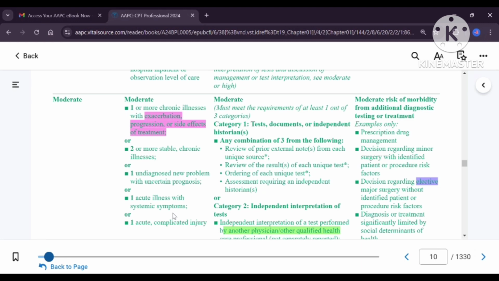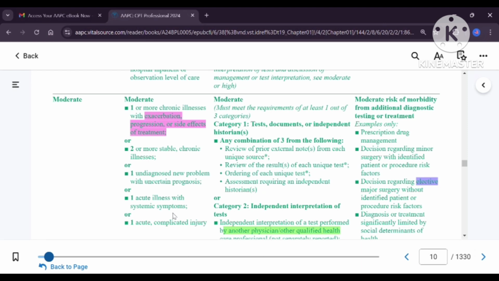Difficulty in breathing is the result of the disease that is affecting the lung. In such a case, it is considered as moderate level of MDM. And if it is one acute complicated injury, there is some injury and there is some complication also. If we don't treat it, the patient might land up with some big issue. So such a kind of problem is again considered as moderate level of MDM.